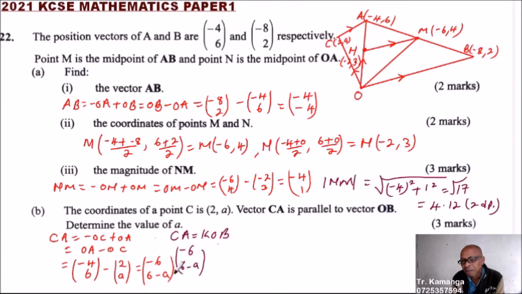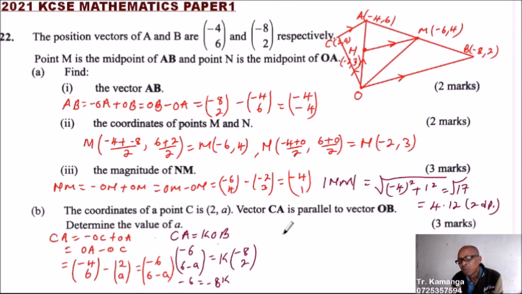It is equal to k times OB, which we already have: minus 8 and 2. So we equate: minus 6 is equal to minus 8k.